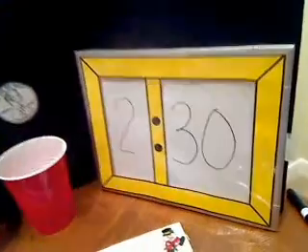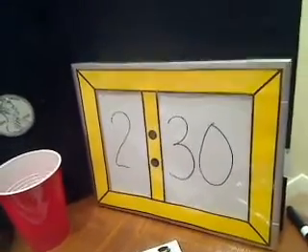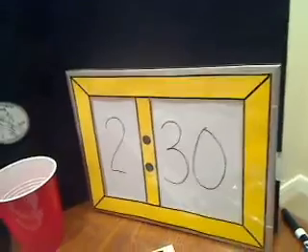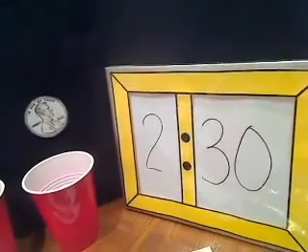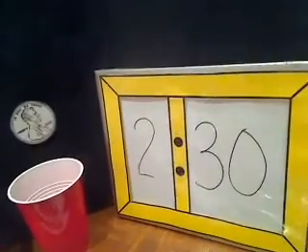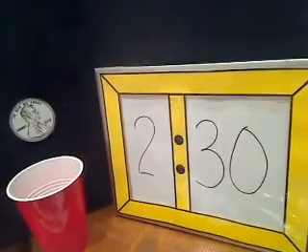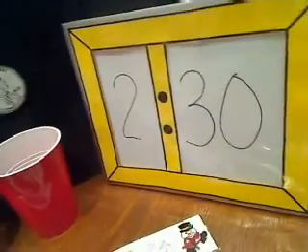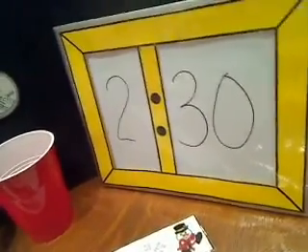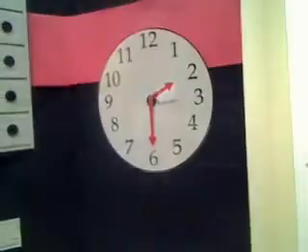And then down here we have a digital clock, and I like this because it's a dry erase board that I have, and I've created a digital clock frame, the yellow frame that goes around it, and a student will come up and write the correct time on the dry erase board to reflect what's on the analog clock.